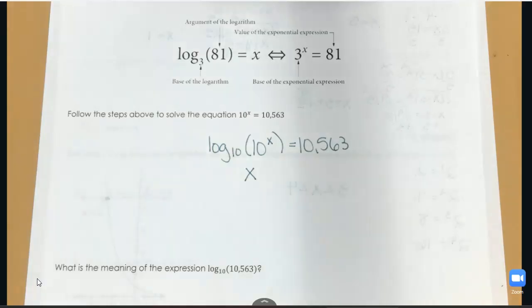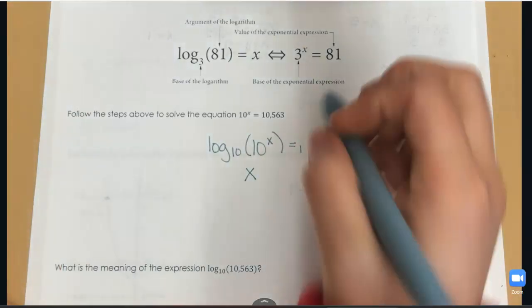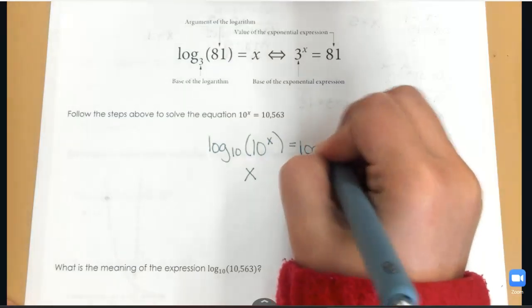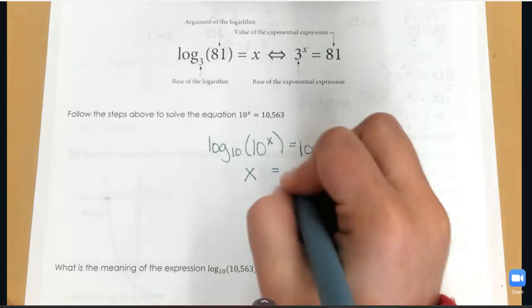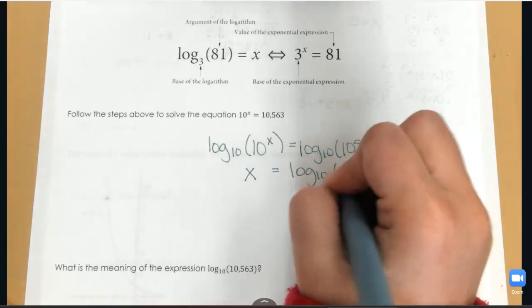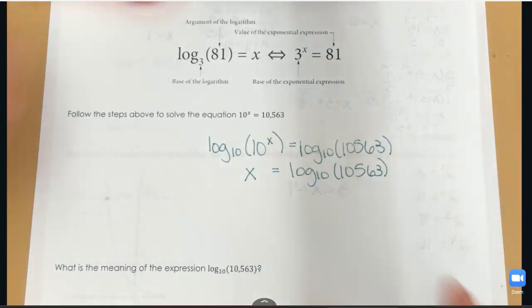And I forgot to take the log of the other side. I apologize. Log base 10 of 10,563. So x is equal to the log base 10 of 10,563. And this is where I use my calculator to evaluate.